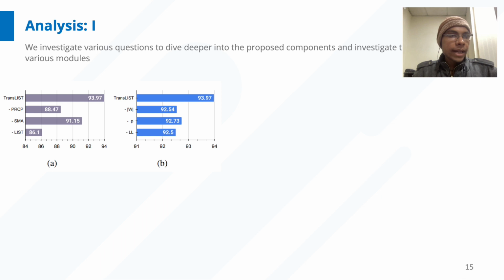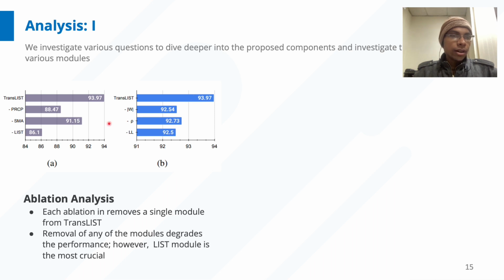We also perform analysis. We investigate various questions to dive deeper into the proposed components and investigate the capabilities of various models. We have performed ablations in two ways: first, on the individual components of the proposed model, and second, on the scoring function of the post-processing module.